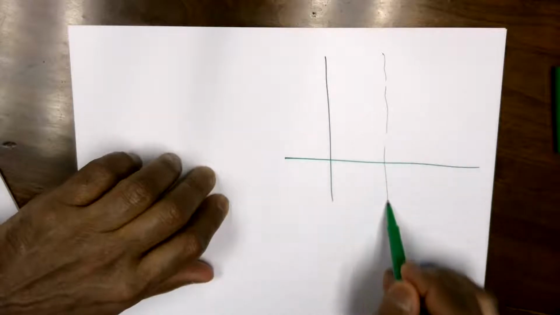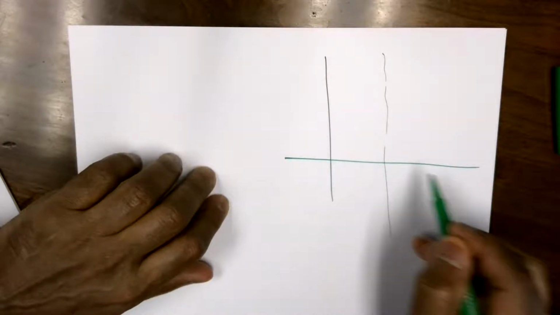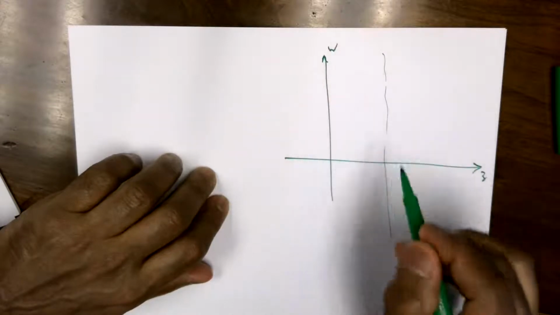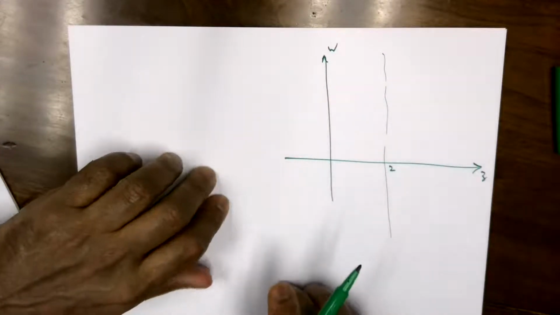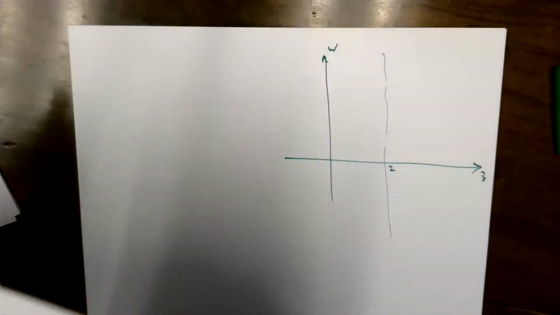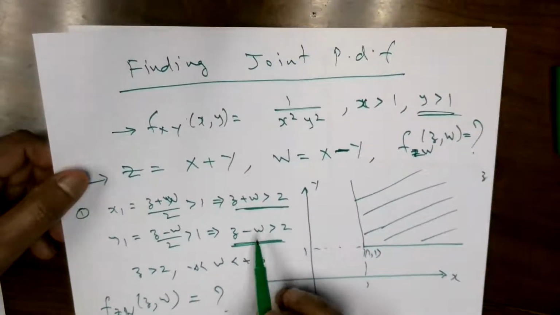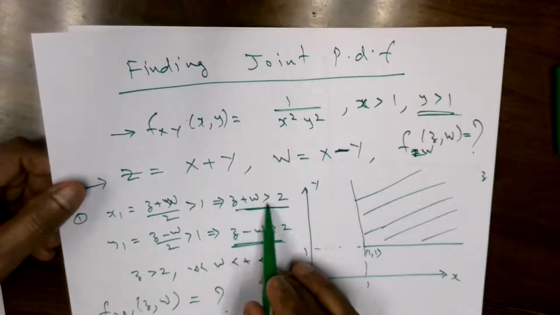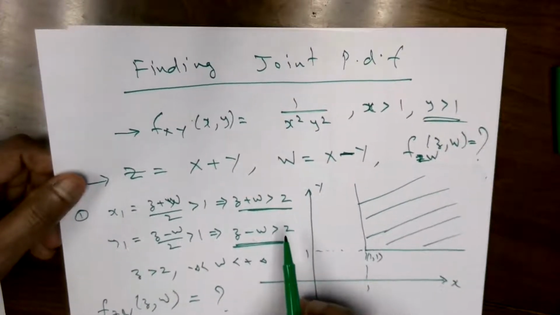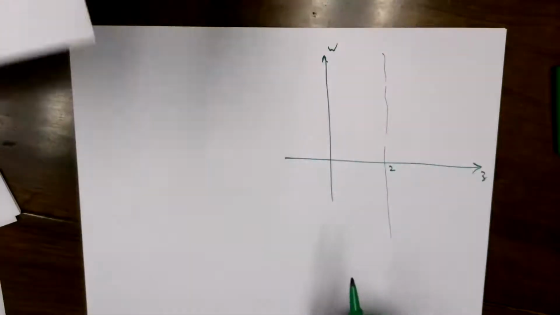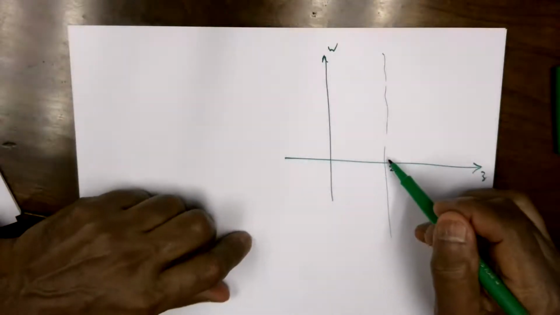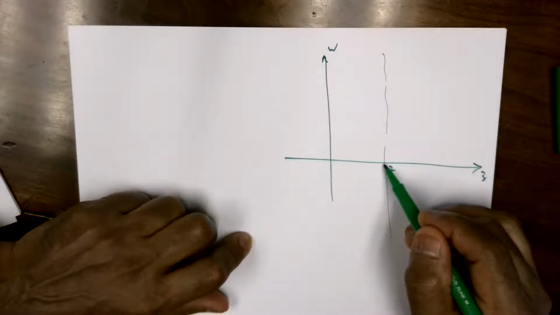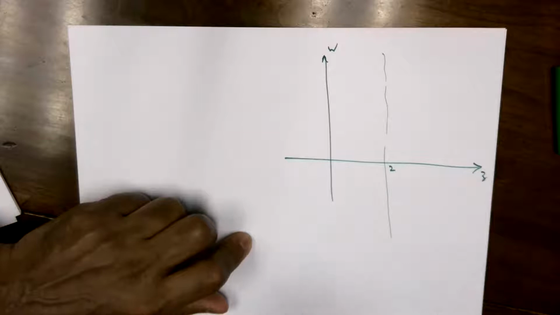So first the condition is z is greater than 2. So this is, let's say, the zw plane. This is the 2 point. And then we had z plus or minus w greater than 2. So let's do the lines z plus w equal to 2 and z minus w equal to 2. It's going to be a line passing through z at 2, because when w equal to 0, z is 2.